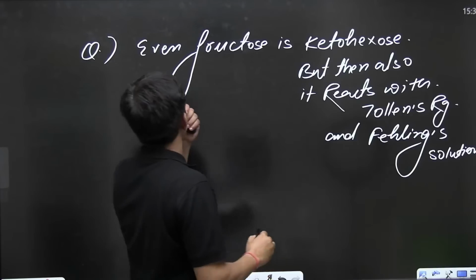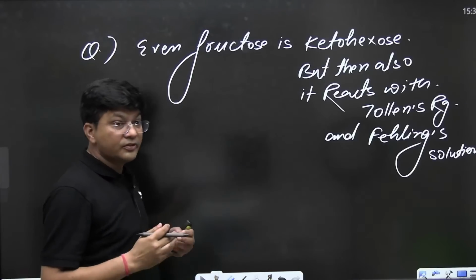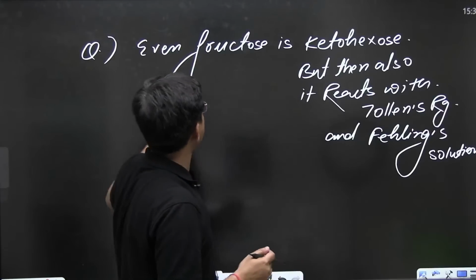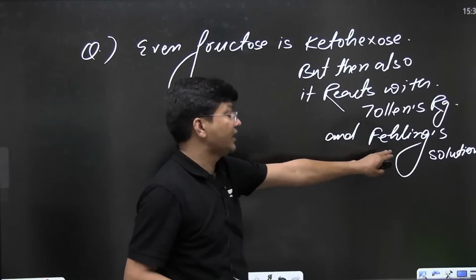Now this is the very important question. Fructose is a ketohexose, but then also it is going to react with Tollens reagent and Fehling solution.